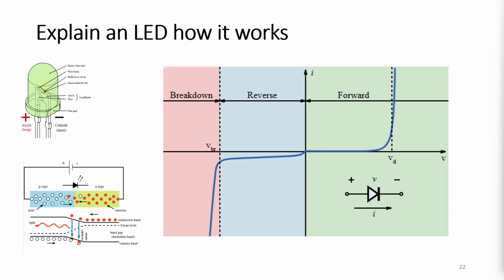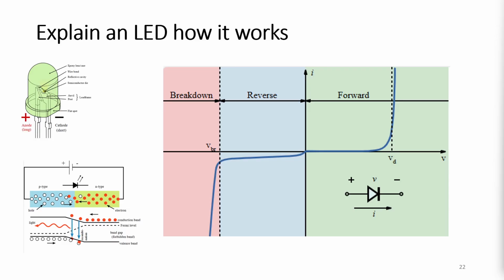Beyond this point, a small increase in voltage causes a rapid nonlinear increase in current, shown by the steep rise of the curve. This region corresponds to normal diode operation, where the diode allows current to flow easily in the forward direction.